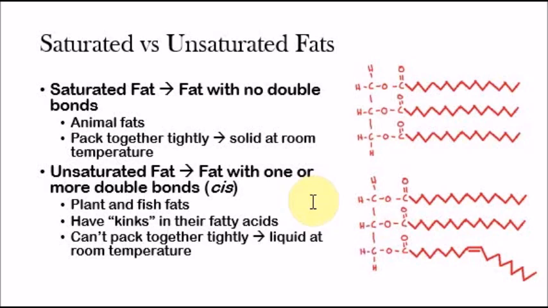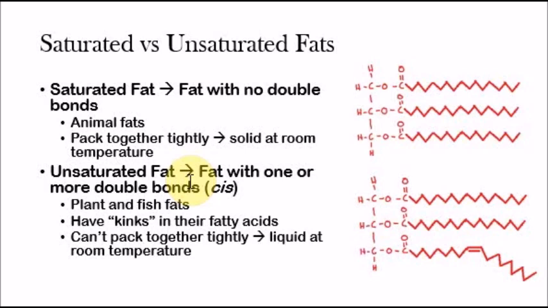Now the reason this is important to biology is that typically animal fats are saturated fats, and they're solid, but plant and fish fats are unsaturated. I need to mention that fat is a very big reserve of energy for any organism.